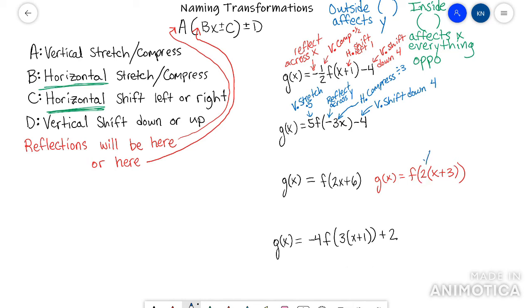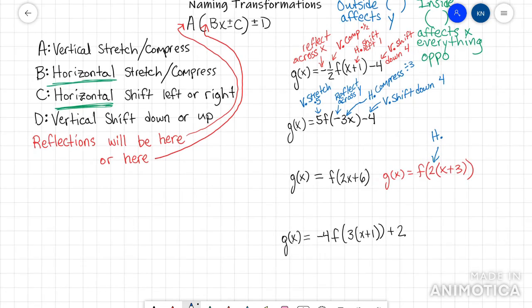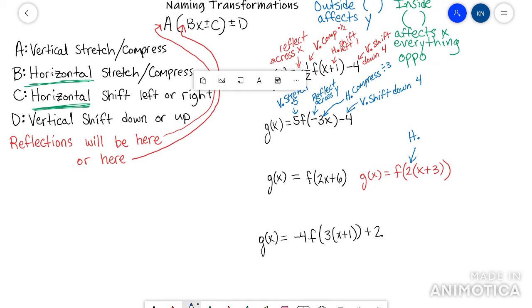So this is in the B slot, so it's horizontal. It's either stretch or compression. It's timesing by 2, so you think stretch, but everything's opposite inside the parentheses. So this is actually a horizontal compression. And you could put divide by 2 or times a half, doesn't matter. And then this is your shift.